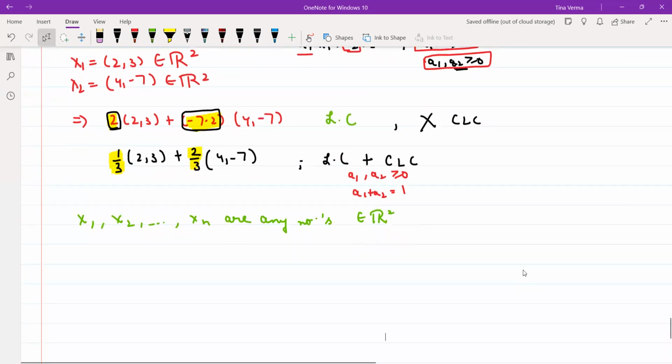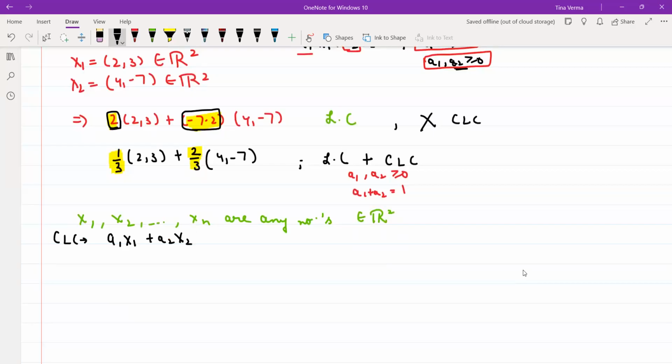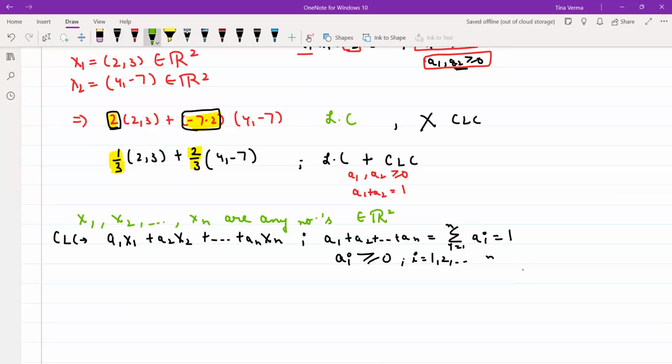If they are belonging to your R2 plane, you will say a1 into x1 plus a2 into x2 plus ... an xn will be your convex linear combination if a1 plus a2 plus ... an, that means the sum of the ai's, is 1 and all your ai's are greater than or equal to 0. So this is the CLC of n numbers.